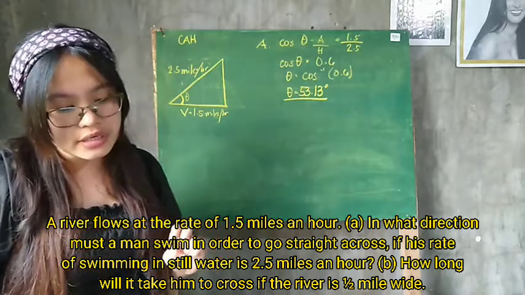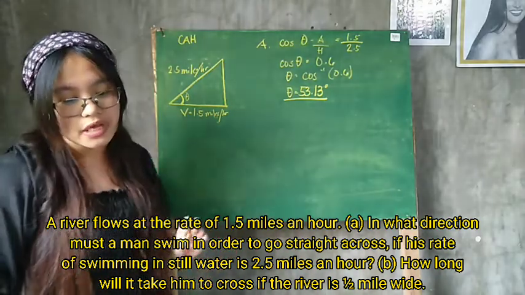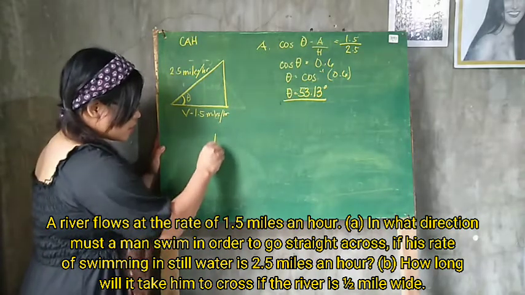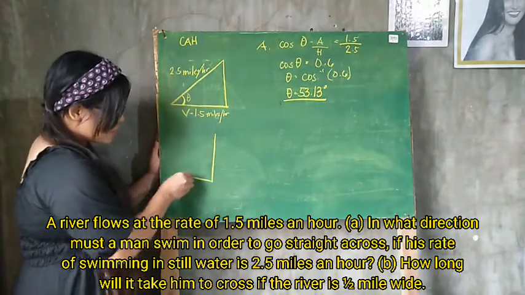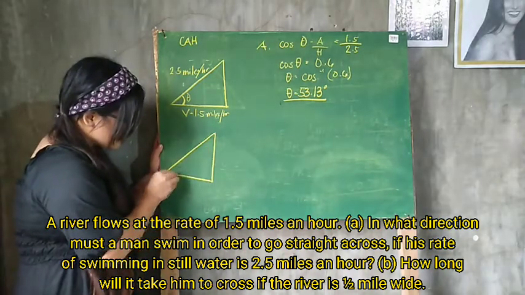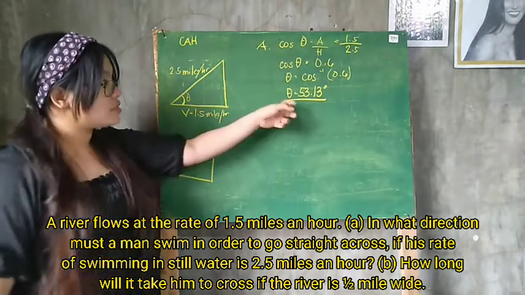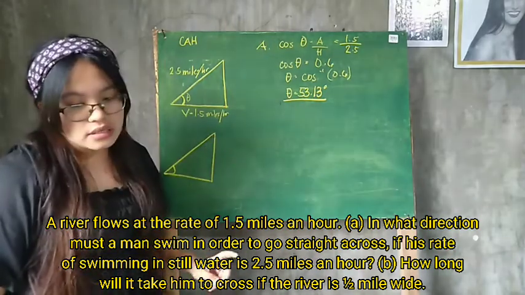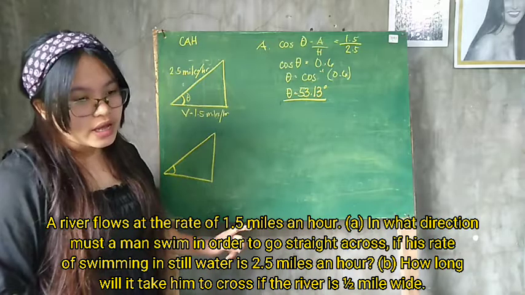So the next problem is how long will it take him to cross the river if the river is 1/2 mile wide. So let's have another illustration. Our theta here is already given, which is 53.13 degrees. How long?